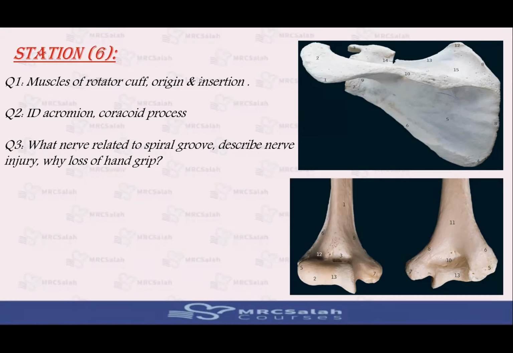Because for a stronger hand grip, you need more wrist extension, for fine grip of the hand. Close. Dr. Farah, do you have a comment or an answer? What's the question? Why is there a loss in hand grip?